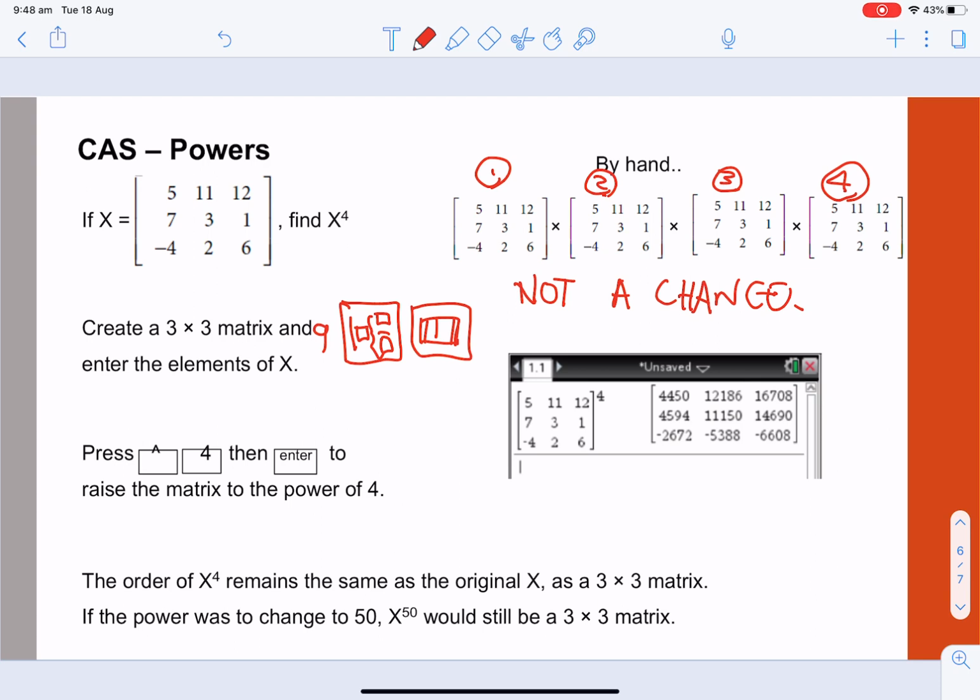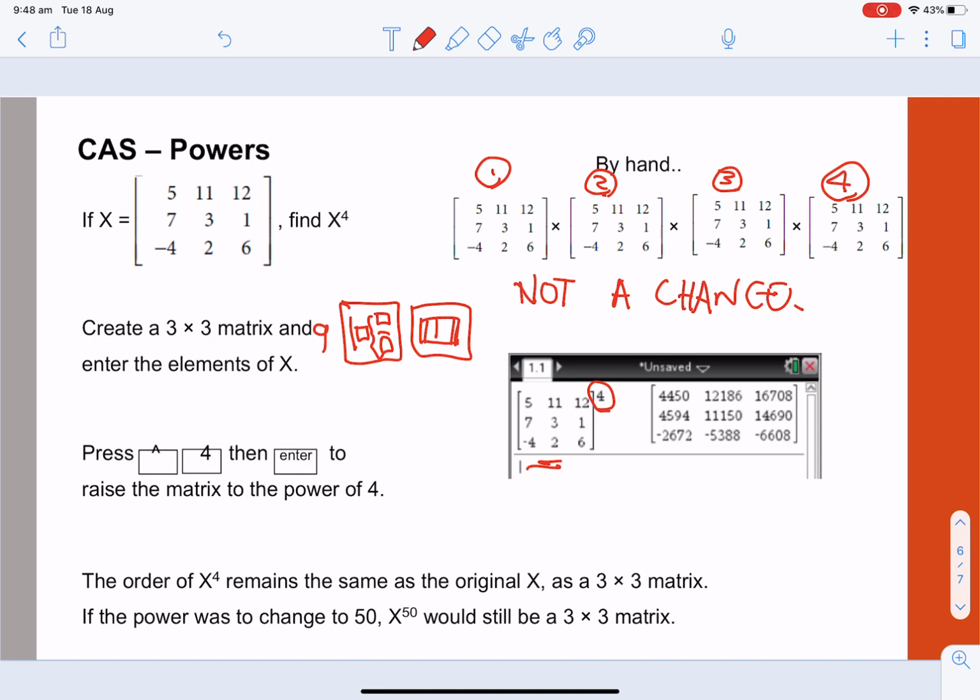So enter your matrix. Then we press the little hat button, along that left-hand side. Then press number 4 and enter. This raises the matrix to the power of 4.